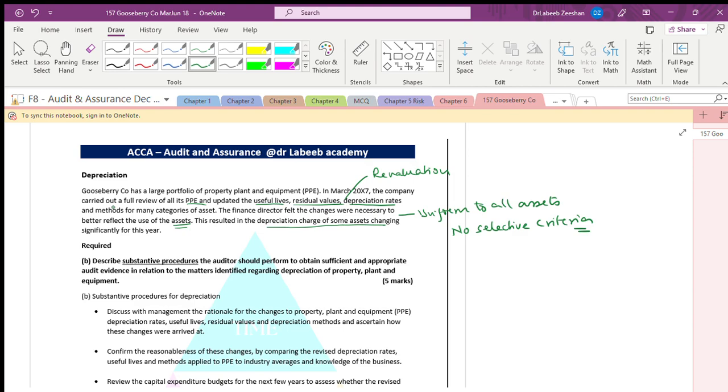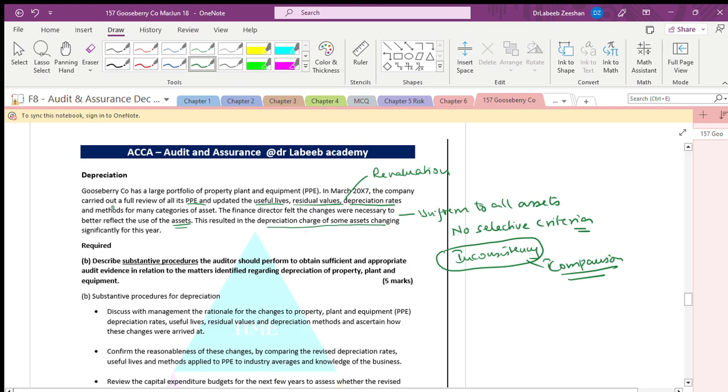Otherwise, what will happen? They will have an inconsistency. If there is an inconsistency, definitely there will be a problem with comparison. So that's what it says.